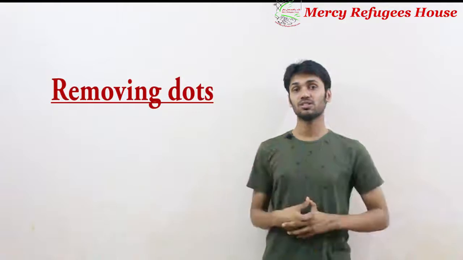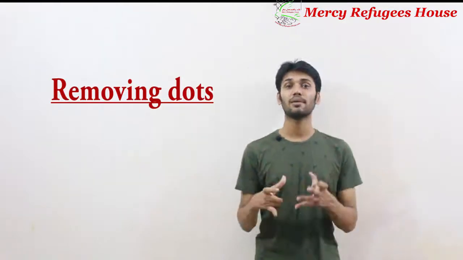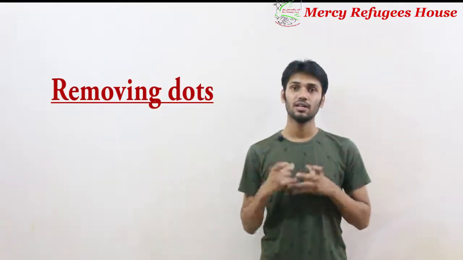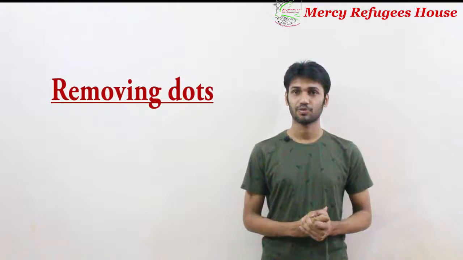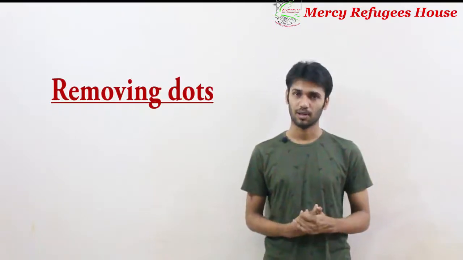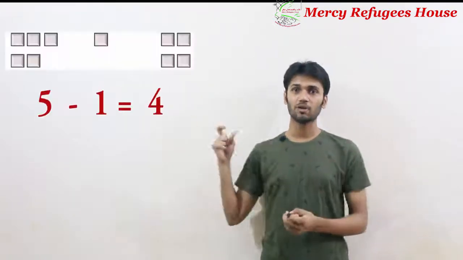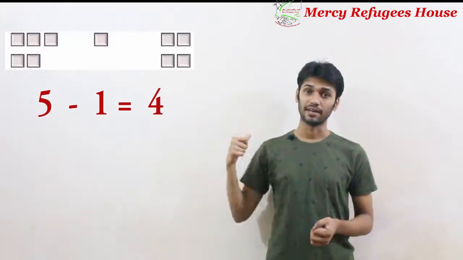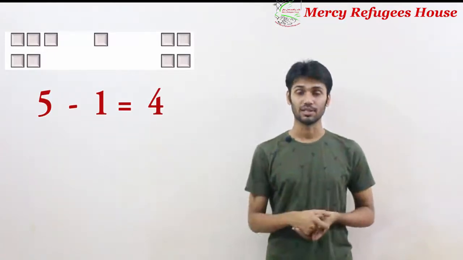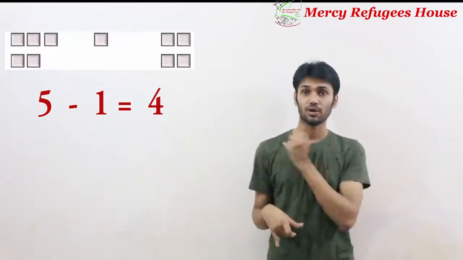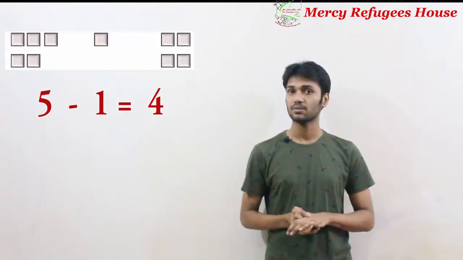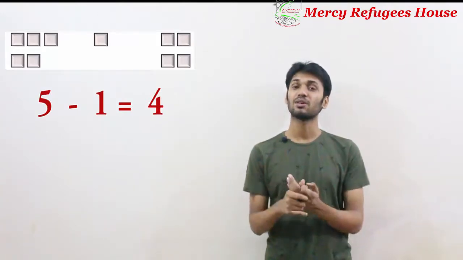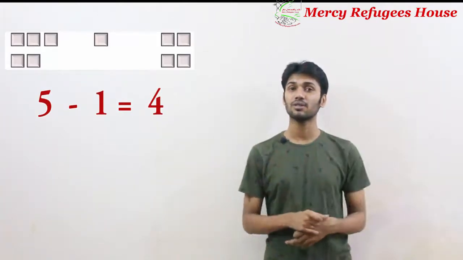Now go to this section. This section could help you further. Removing dots. That means subtracting dots. Look at this. I have got 5 dots and I am subtracting 1 dot from there. How many dots am I left with? That means 5 minus 1. What should be the answer? You count back from 5, and before 5 what comes? 4.